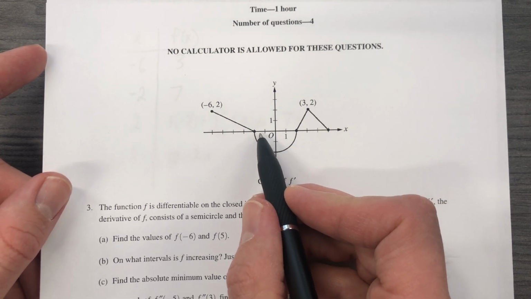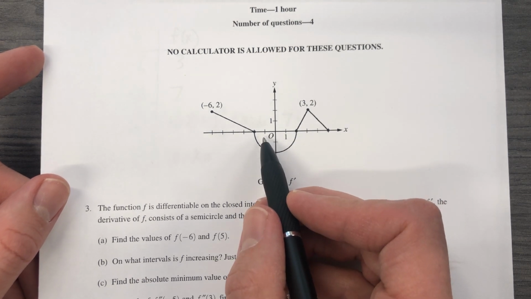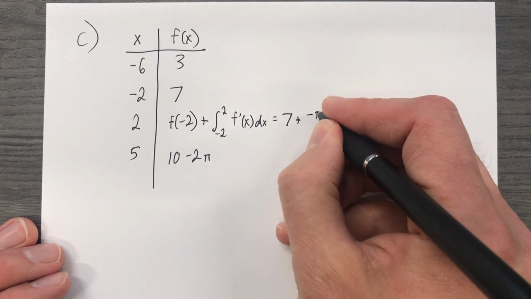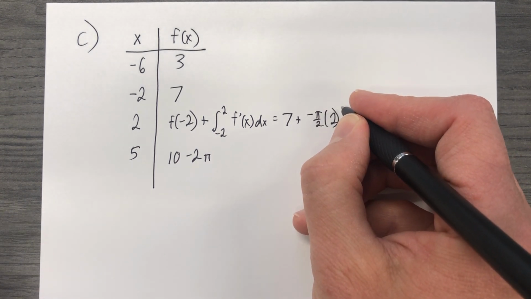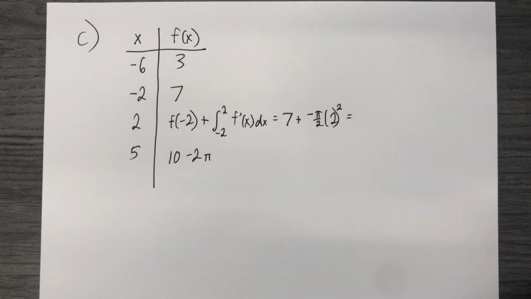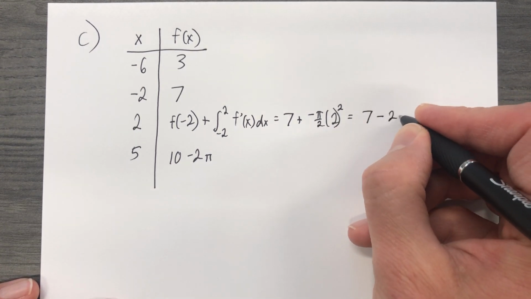So negative 1/2 pi times 2 squared. If I said pi squared, I'm sorry. There we go. All right, so we're going to work on that, and then we cancel those out. We're going to have 7 minus 2 pi.